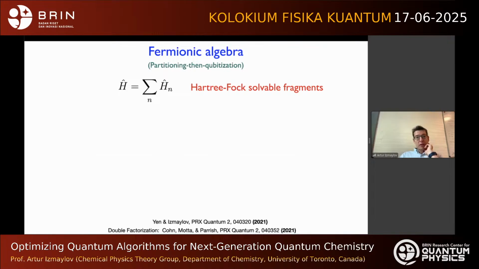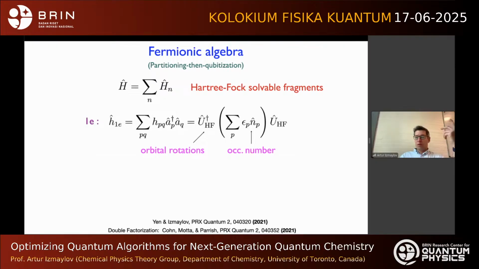Now, if we discuss the fermionic algebra, how it works, we can look at the problem in the following way. We look at the Hamiltonian and ask, could we partition the Hamiltonian into fragments that can be solved exactly with a mean field approach?